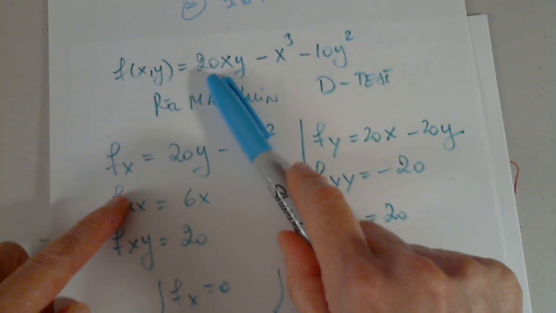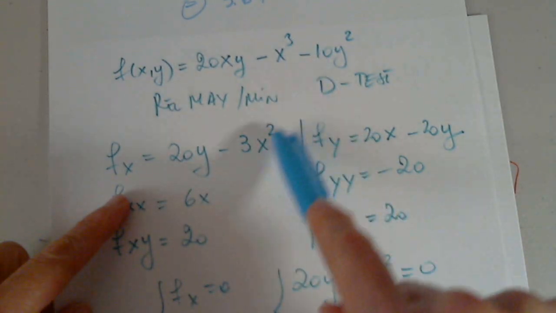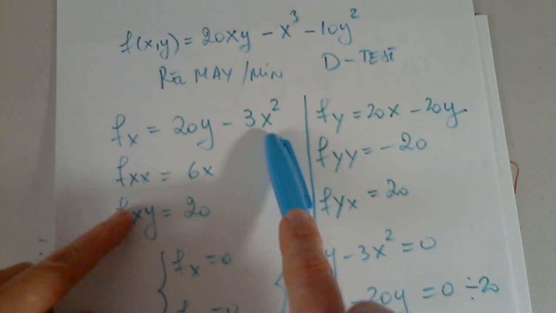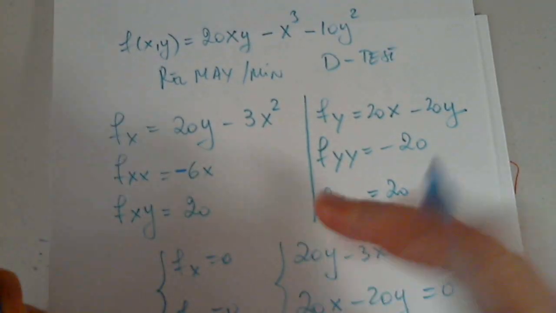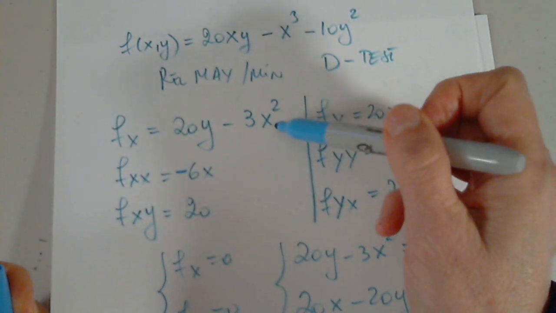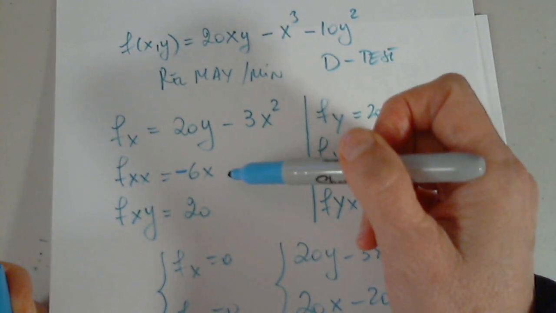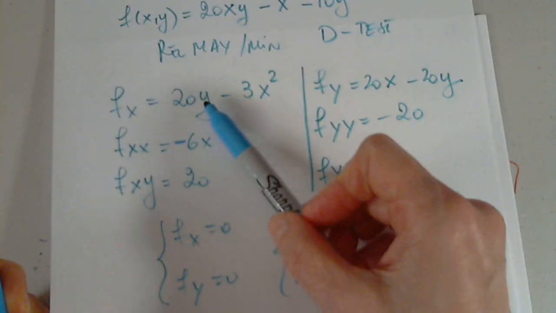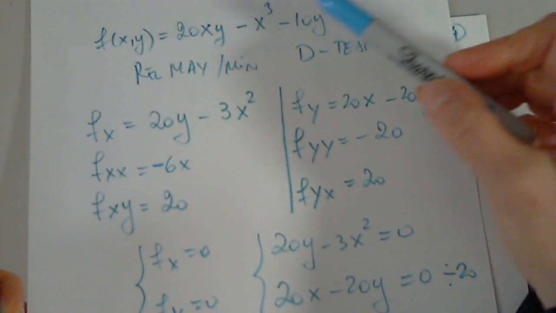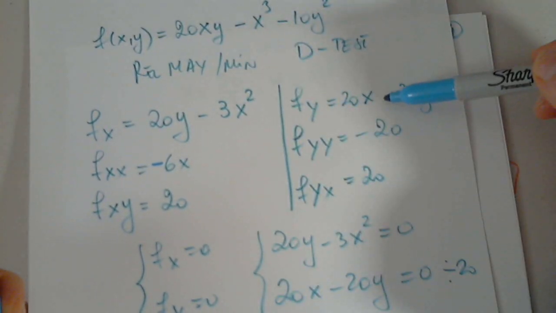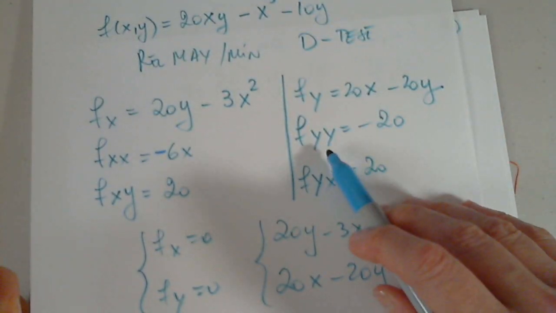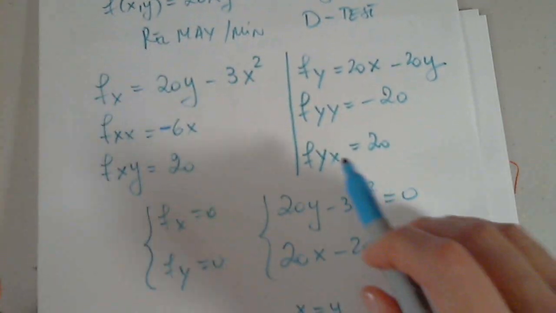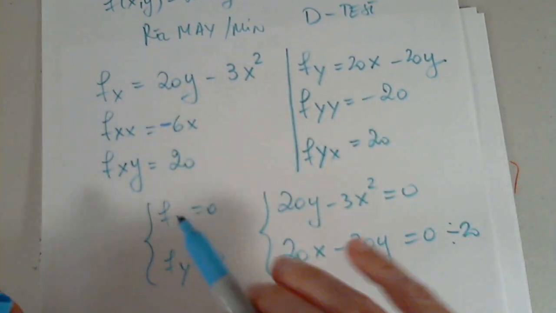So fx, yes, this is 20y, and this is the negative 3x squared. fxx is negative 6x. fxy is 20. fy, yes, 20x, indeed, and minus 20y, indeed. fyy, negative 20. fyx, 20, correct.